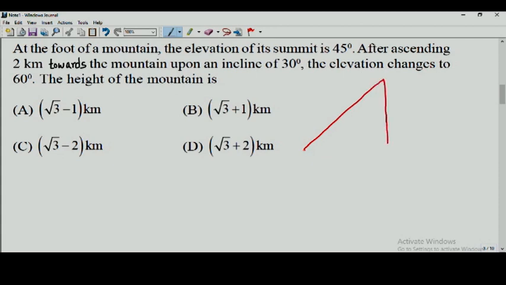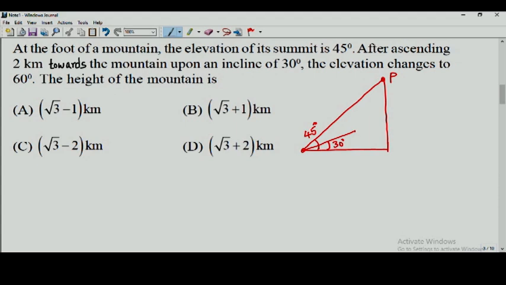So, from a point at the foot of the mountain, there is a mountain of some random shape. On this mountain, let this be the foot of the mountain. At this point the angle is 45 degrees if you see the summit of the mountain, point P. But while climbing towards the summit, the inclination is only 30 degrees.